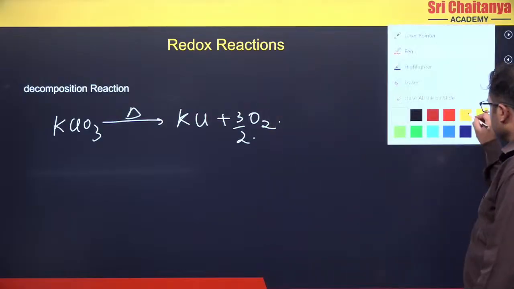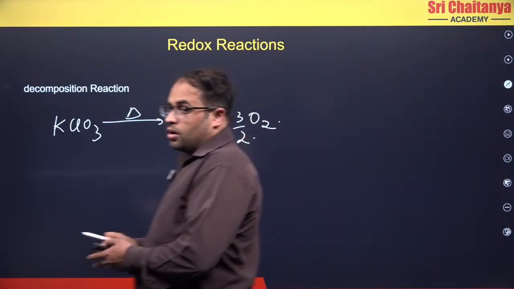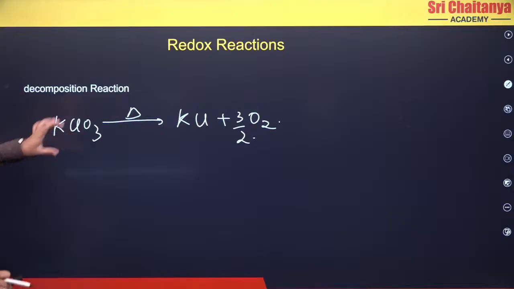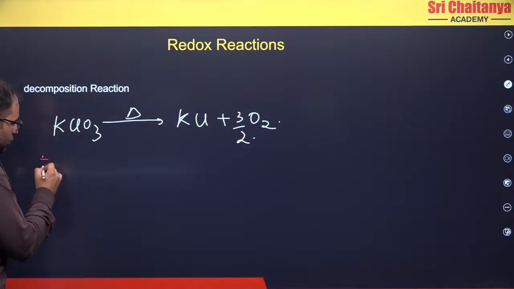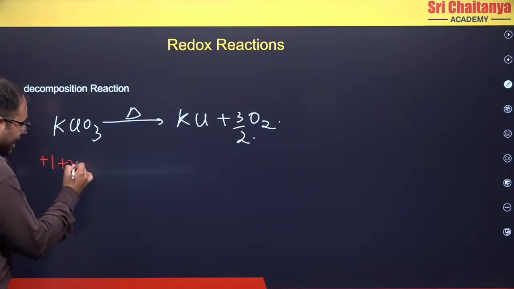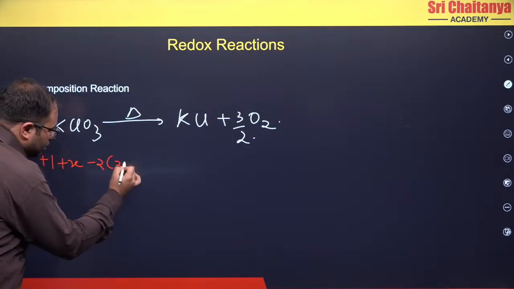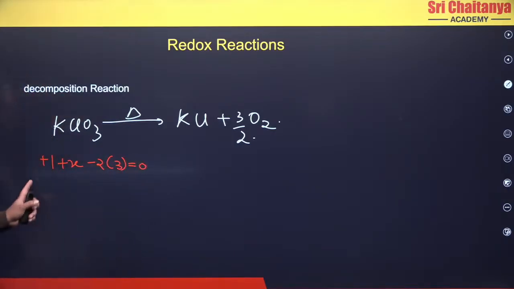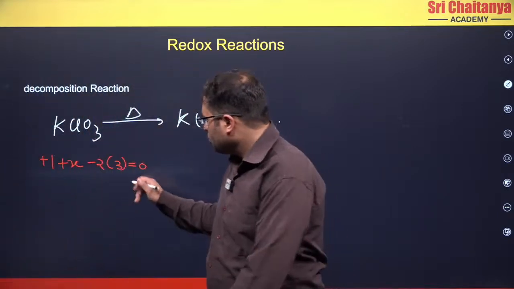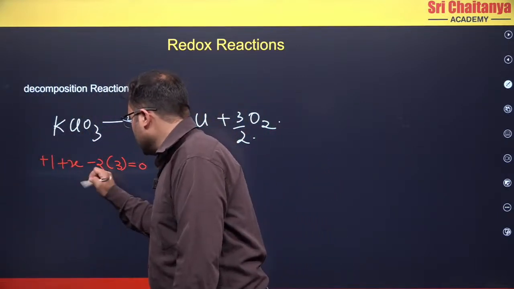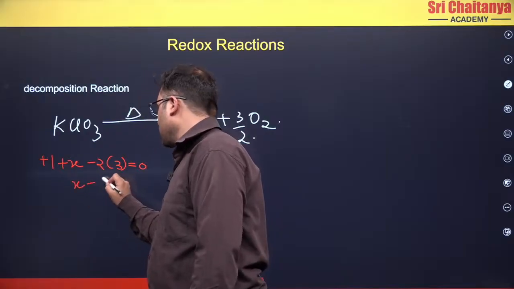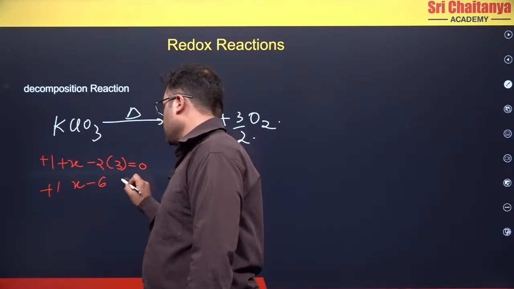Again, to find the oxidation state of chlorine here, see, potassium will have +1, chlorine suppose has X, each oxygen -2, 3 are there, total charge is 0, right? Try and understand this equation very well. So this will be X - 6 + 1 = 0.